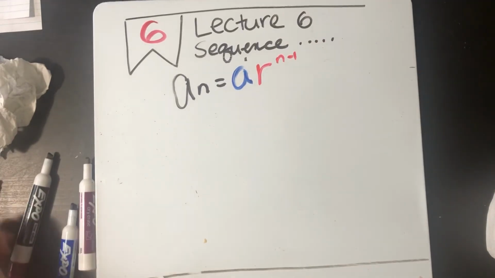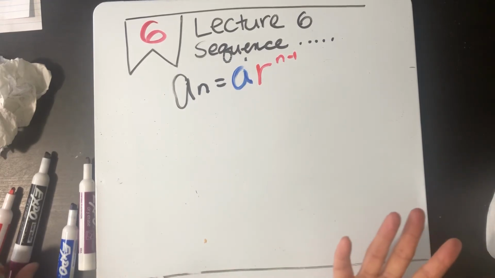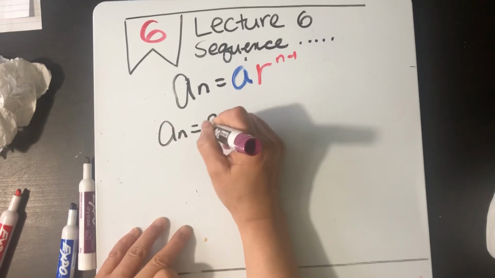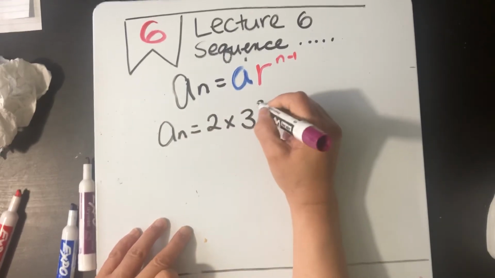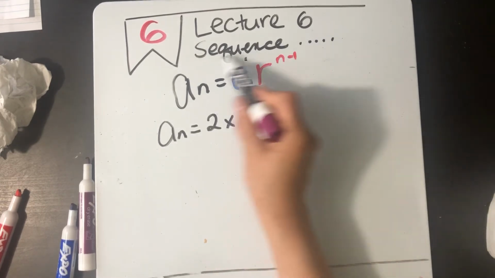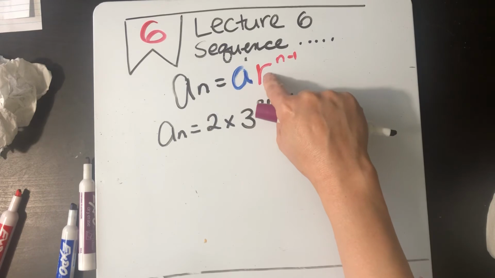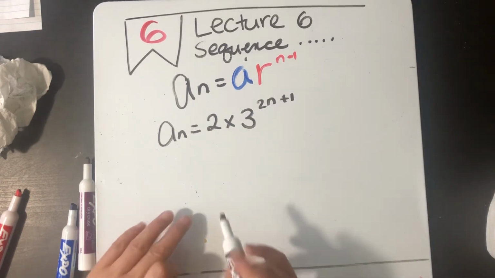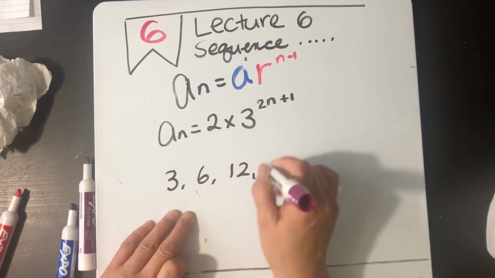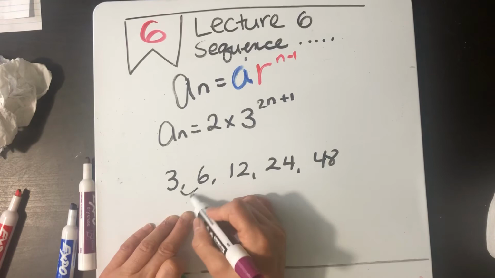Now, all sequences have a different formula. What if your formula was AN equals 2 times 3 to the 2N plus 1? When you look at this, if I ask you what the ratio is, R is the ratio, right? For example, if you have 3, 6, 12, 24, 48, you know this R is 2, times 2.